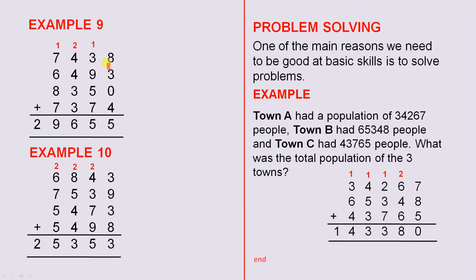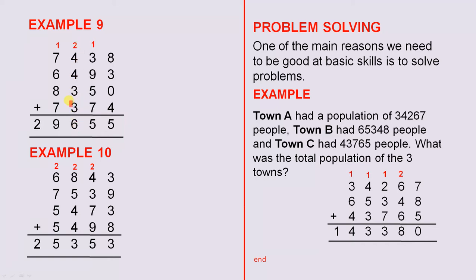Example 9, a little bit more difficult because now we have the thousands column. We add those numbers up. 4 plus 0 plus 3 plus 8 is 15. Put the 5 there and the 1 in the tens column. 7 plus 5 plus 9 plus 3 plus 1 gives us 25. Put the 5 there and the 2 in the hundreds column. 3 plus 3 plus 4 plus 4 plus 2 gives us 16.